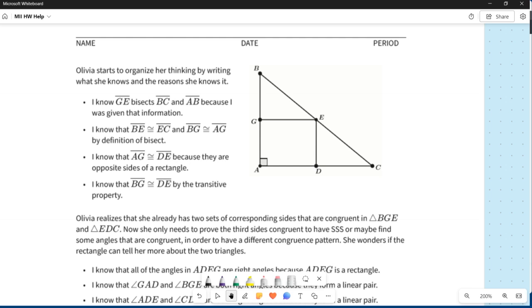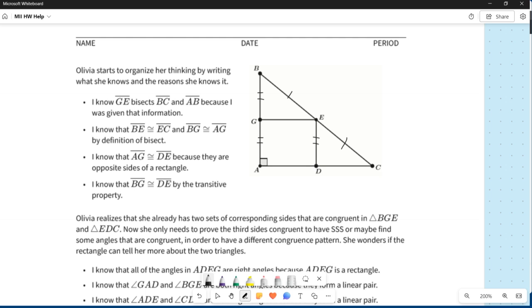So she knows that BE, that piece, is congruent to EC, which is that piece, and she knows that BG, which is this piece, is congruent to AG, which is this piece, and AG is also congruent to DE, which is that piece right there.